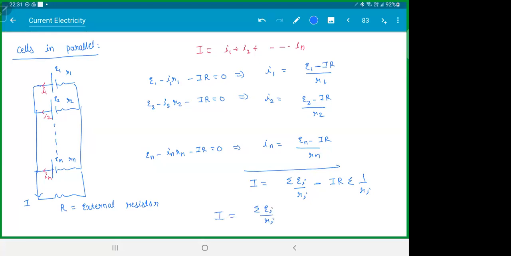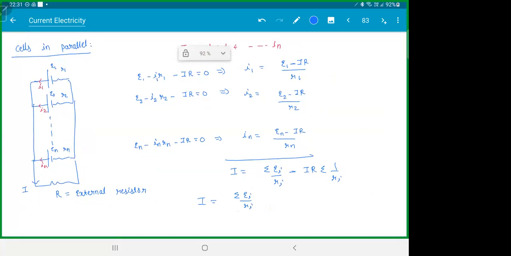I equals sigma Ei by Ri divided by (1 plus R into sigma 1 by Ri). This is the current in the external resistor when you have N batteries. Technically speaking, this is not that useful. Let me show you a more useful format on the next page. But this is how you derive for N batteries. Have a look at this.